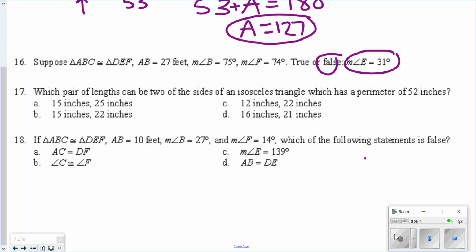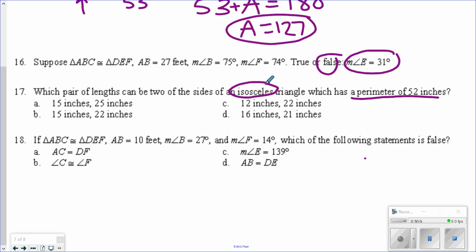Which pair of lengths can be two sides of an isosceles triangle which has a perimeter of 52 inches? Would it be 15 and 25, 15 and 22, 12 and 22, or 16 and 21? Remember, isosceles means two angles or two sides are the same.